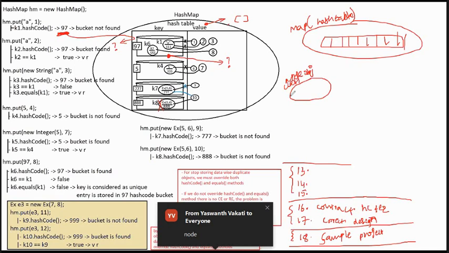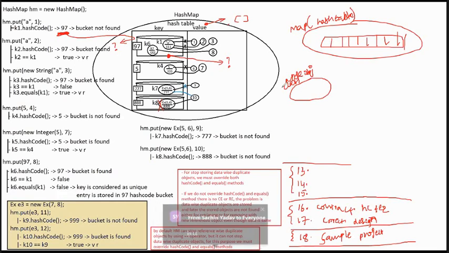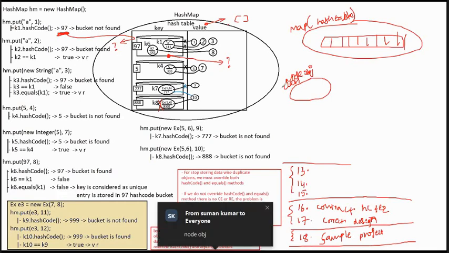Does any of you remember the Node class? The Node class in the linked list class contains how many reference variables? Three: previous node, item, next node. But now this map's internal Node class is required to store how many objects?